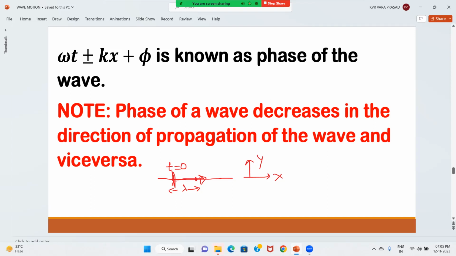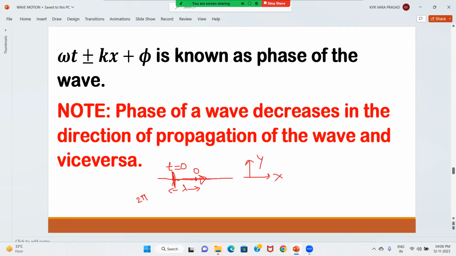This first point has finished one oscillation, and one oscillation corresponds to 2π radians, and this one has just started oscillating, so its phase is 0. That means along the direction of motion, phase is decreasing.